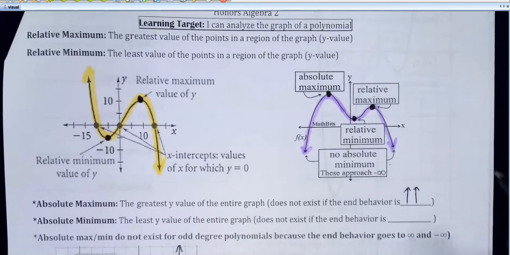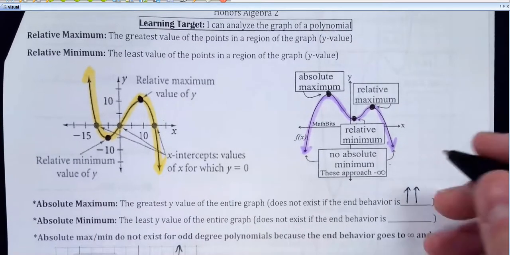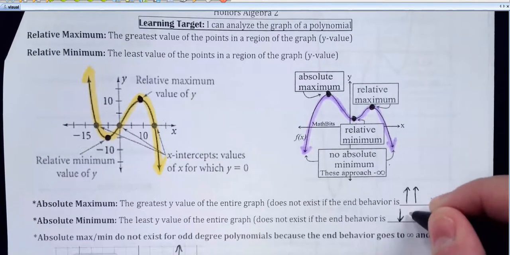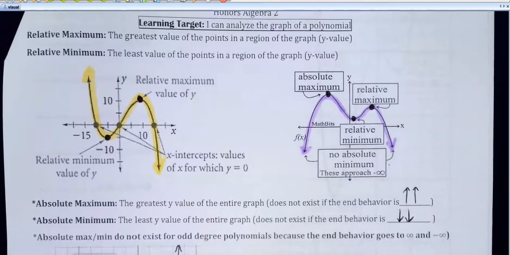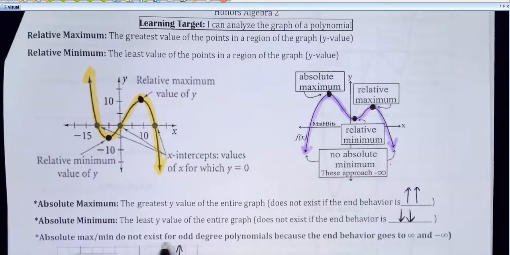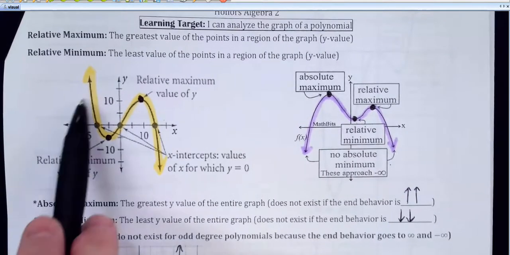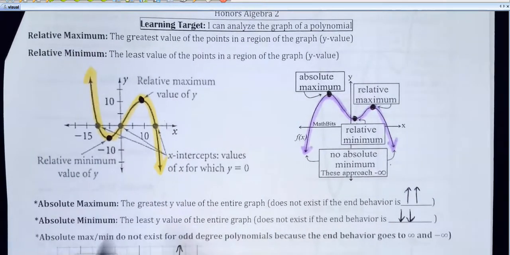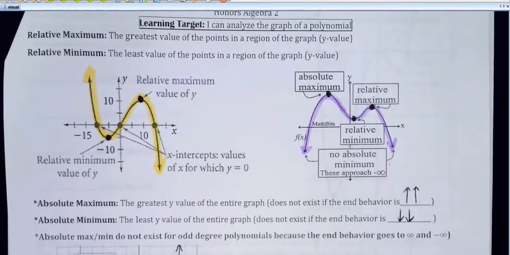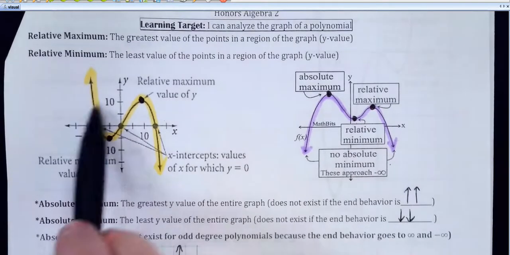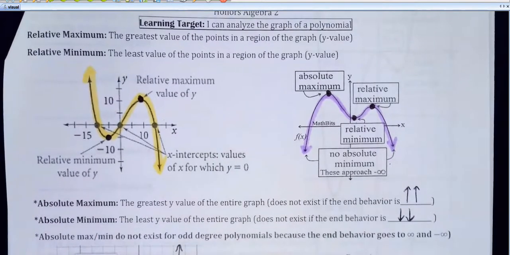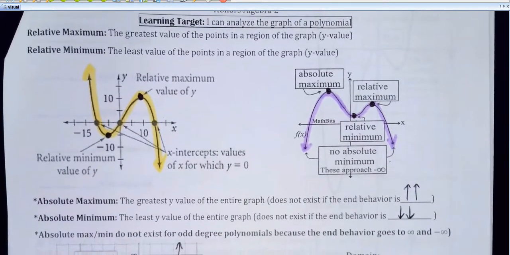And an absolute minimum, like the one we just looked at here, is not going to exist if the graph points down because it goes to infinity. All right, and then it just says here, they don't exist for odd degree polynomials because one end goes up forever, one end goes down forever. So both ends of the graph, one of them goes to positive infinity, one of them goes to negative infinity. So absolute mins or maxes will not ever exist for an odd function, but they can exist for an even function.